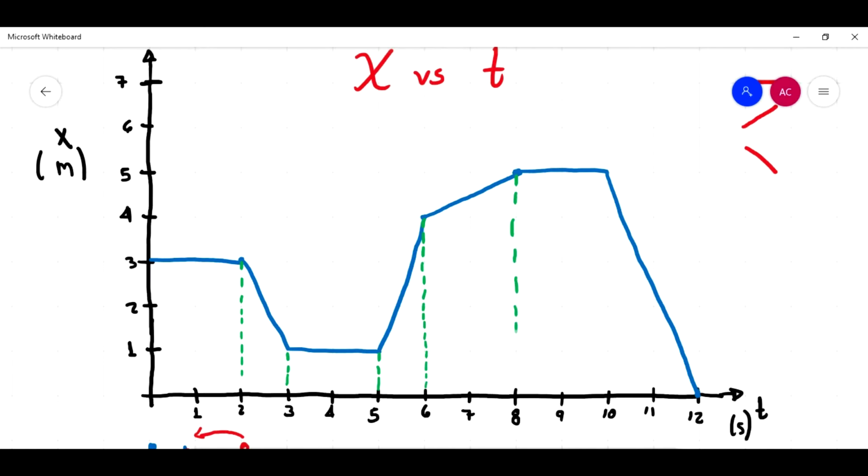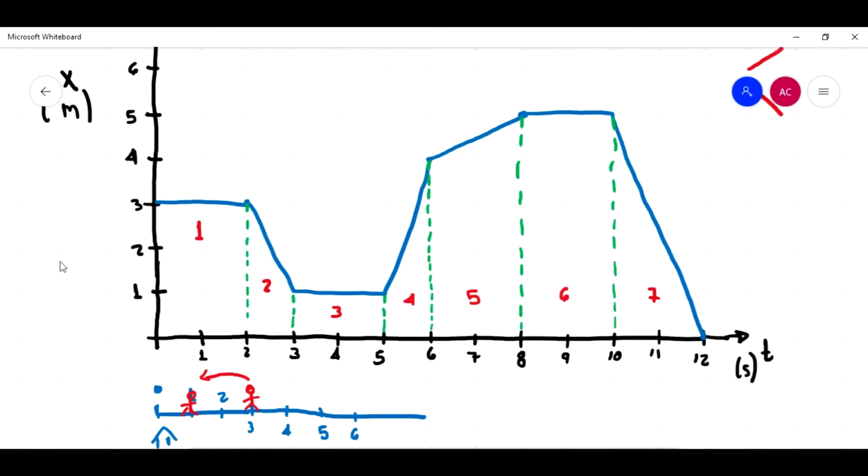Then horizontal and then goes downwards. I'm just separating the segments of the graph. So those are the segments, and with another color, I'm going to number them: segment number 1, 2, 3, 4, 5, 6, and 7. So there are 7 different segments through the whole motion of this person.